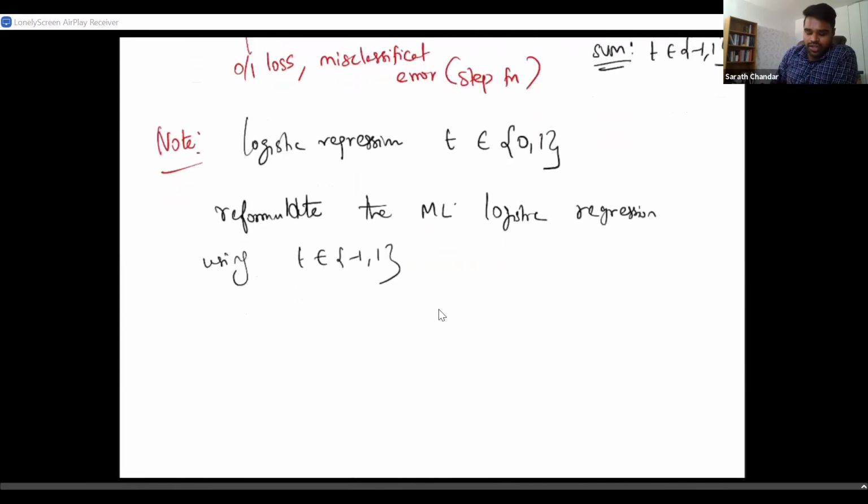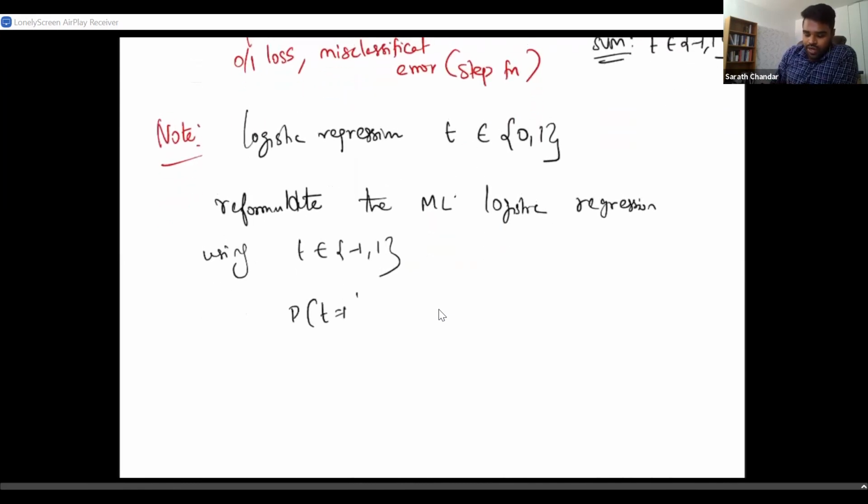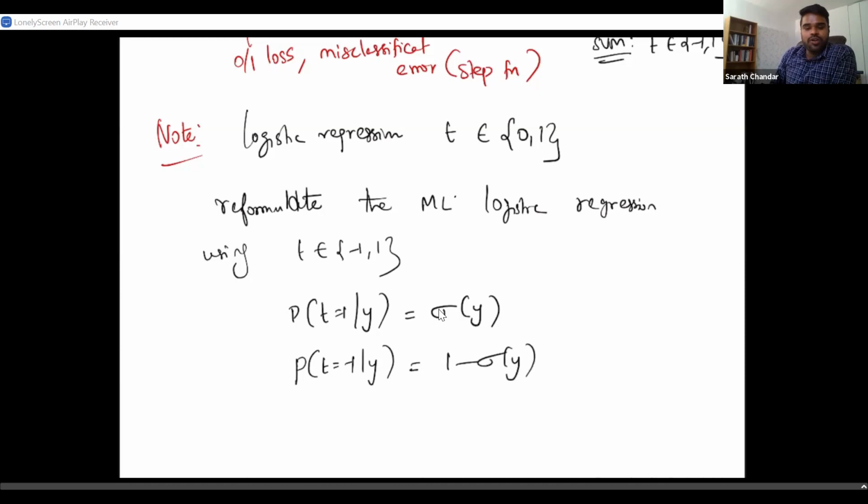Okay, so how do we do that? The probability that t is equal to 1 given y is given by sigma of y. So this is logistic regression. Now, the probability that t is equal to -1 given y is given by 1 minus sigma of y. That was the probability for t equal to 0 before.